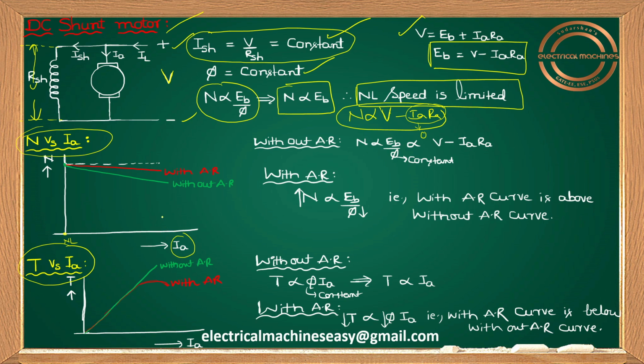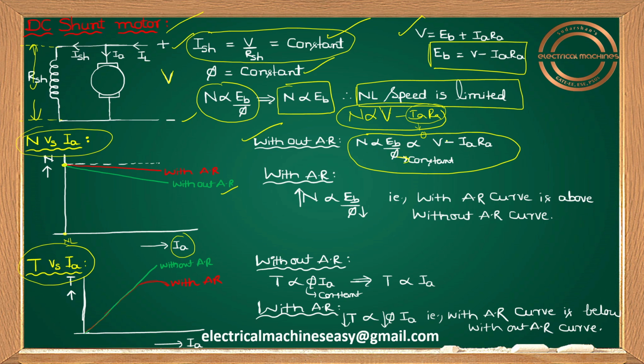Let us first of all see without armature reaction, then I'll go for with armature reaction. Without armature reaction, no doubt, N proportional to EB by phi relation, I take flux as constant here because I told you already ISH is constant, so flux remains constant. N proportional to V minus IARA. Whenever IA is 0, N proportional to V is there, some limited speed is there. That's why I'm just taking the no load speed at this much value.